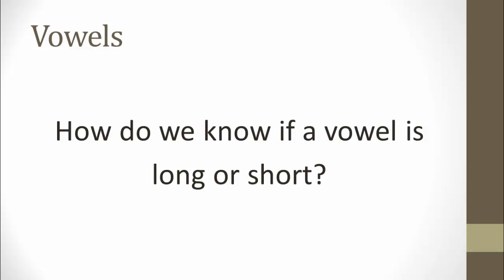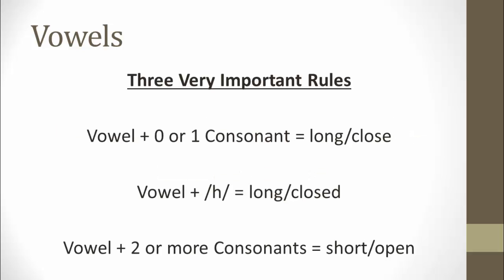How do we know if a vowel is long or short? There are three very important rules that we've gone over very often, so I hope this isn't new material. A vowel plus 0 or one consonant is long and closed. A vowel plus H is long and closed.